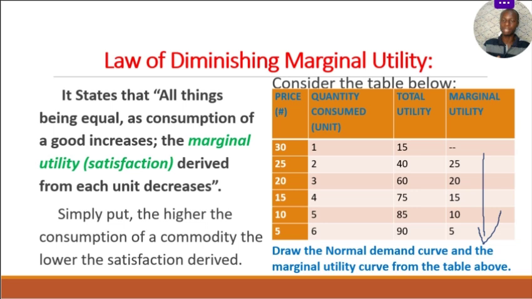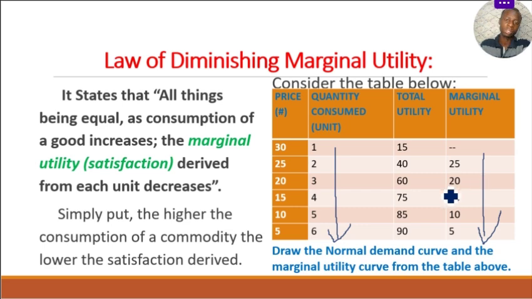As quantity consumed increases from 1 to 6, we observe that the marginal utility derived decreases from 25 to 5. That is what the law of diminishing marginal utility is talking about. That is, the more you consume of a commodity, the less the satisfaction you derive from that commodity.